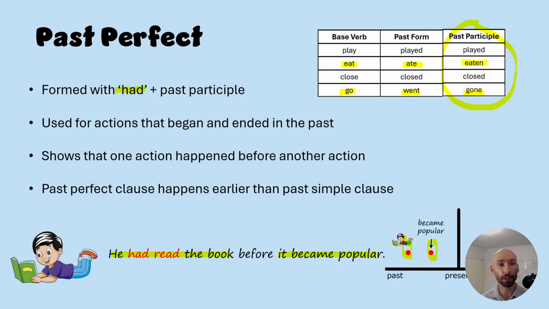So past perfect is often used to sequence events in the past. The clause with the past perfect occurs before the clause with the past simple. So this tense is often used in storytelling when we want to sequence something in order, or just when we want to show that one event happened before another in the past.